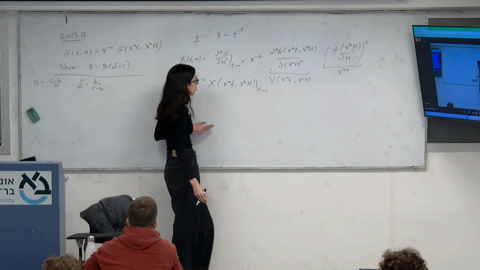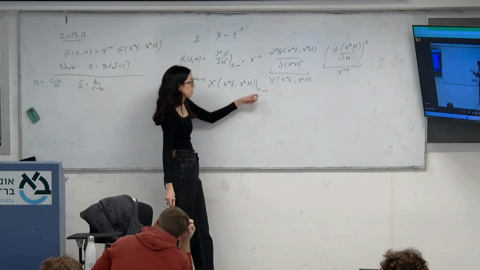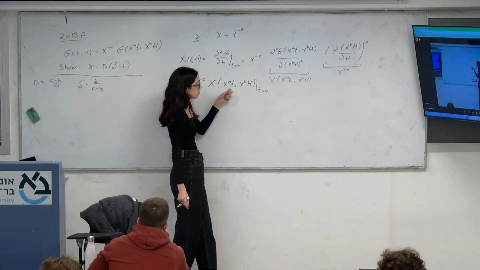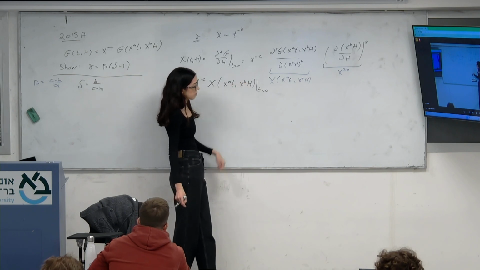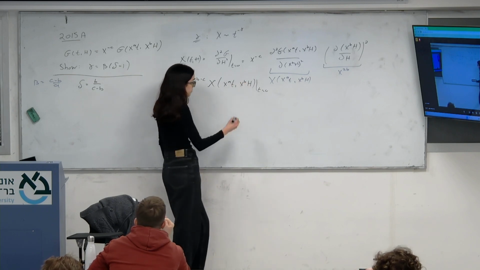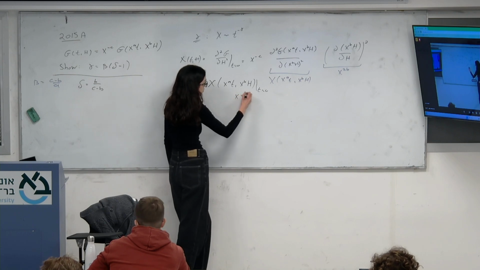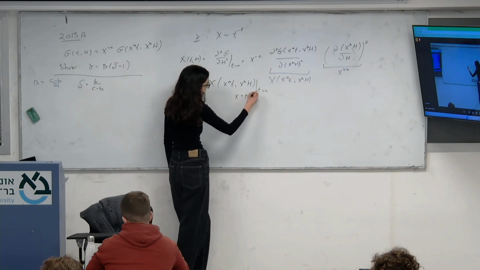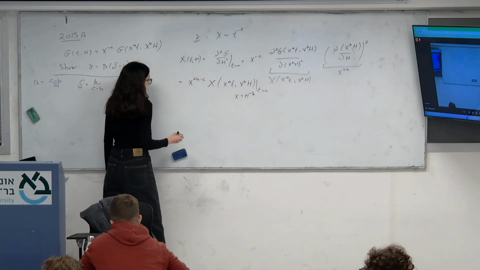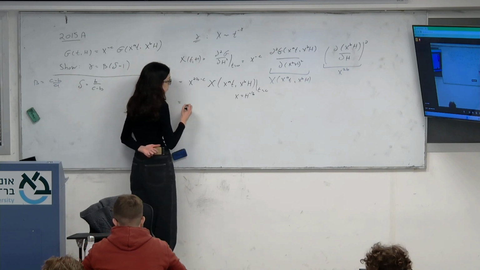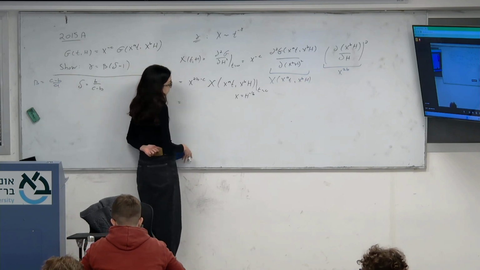So now we need to choose the scaling. Because we want to take t equal to 0, let's get rid of the magnetic field term. So x is equal to h to the minus 1 over b.